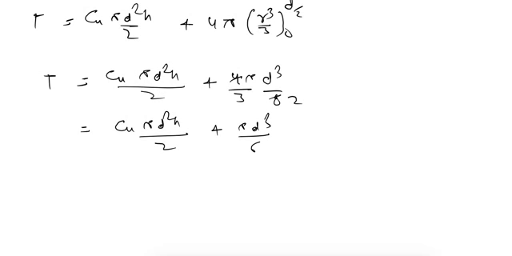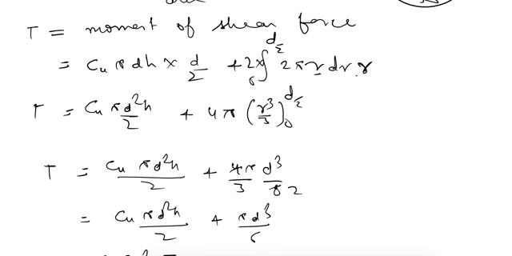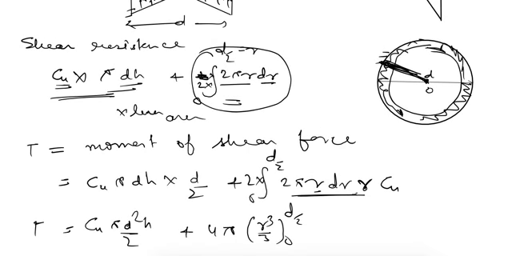From here, T is equal to pi d square Cu, which we can take as common. Here I missed the Cu. In this also, this is the area times the shear strength, so here it will be Cu also.